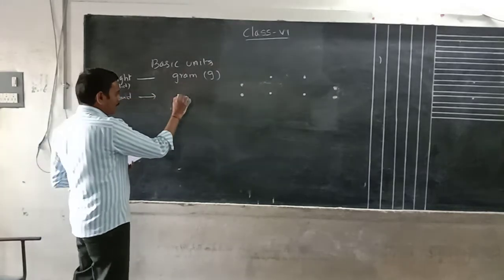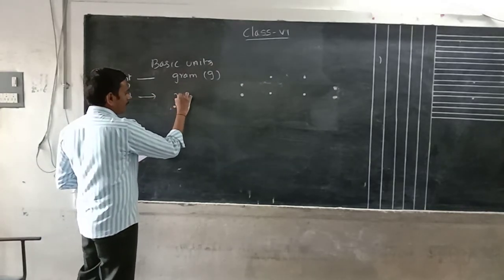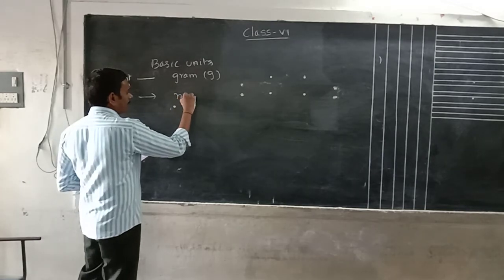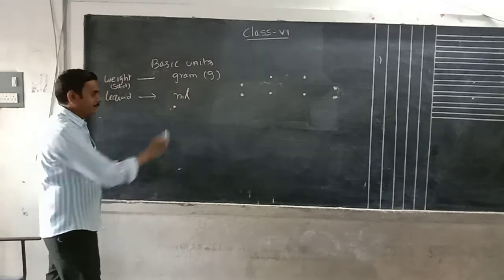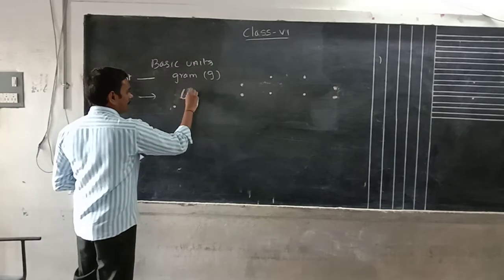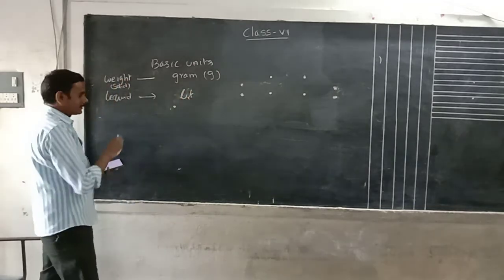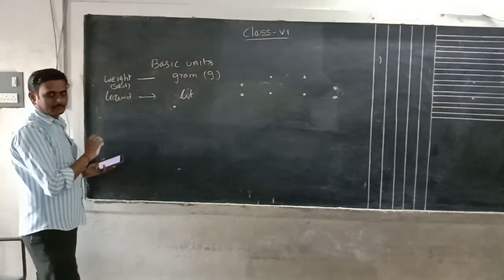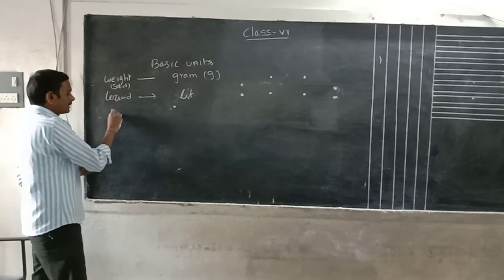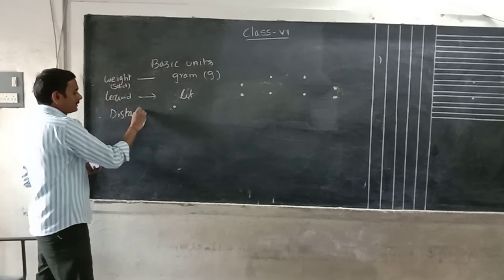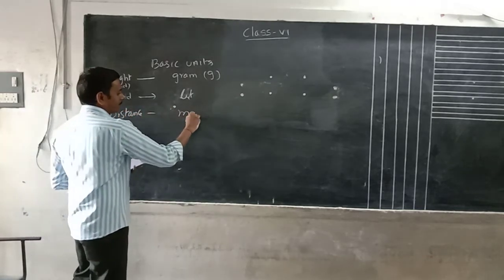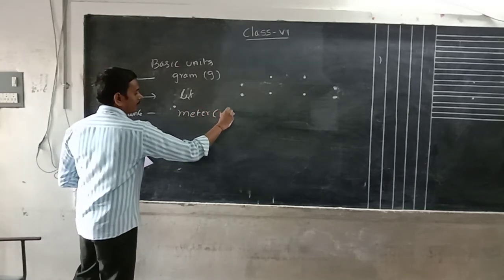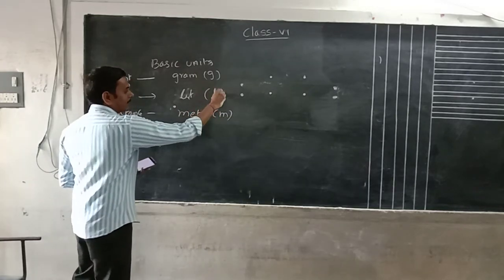We can take milliliters, or liters. Liters is denoted by l. What are the measurements for distance? Meters. Meter is denoted by m.